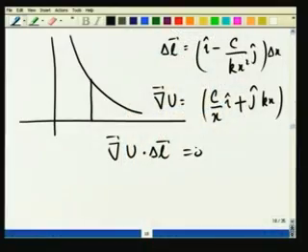So, that gradient of U dot delta L is 0, and therefore, gradient of U at any point is going to be perpendicular to that surface, and the direction is going to be in the increasing direction.